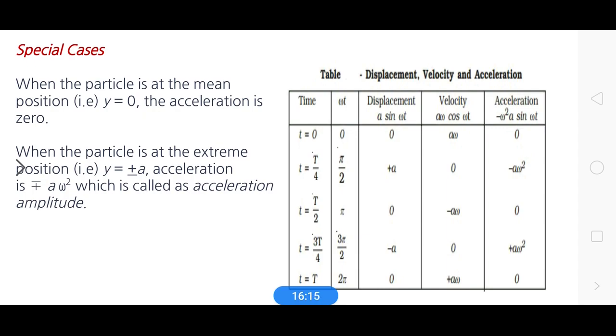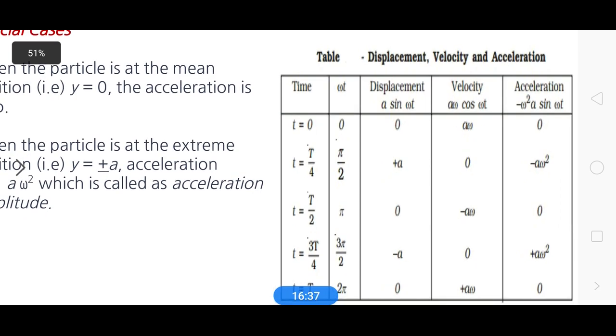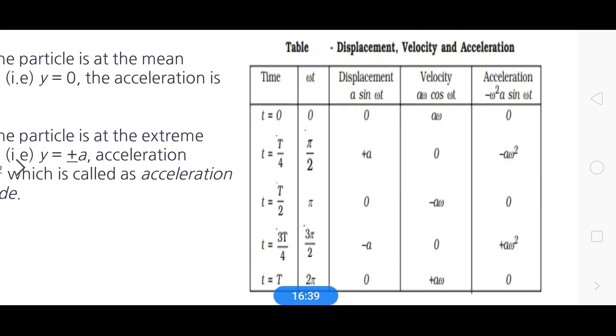So here we have a table. I am discussing the values of the velocity, displacement and acceleration of the particle with respect to time, that is the time and the corresponding omega t, displacement, velocity, acceleration. See here at time t seconds, omega t is equal to 0. At time t is equal to 0, omega t is equal to 0.